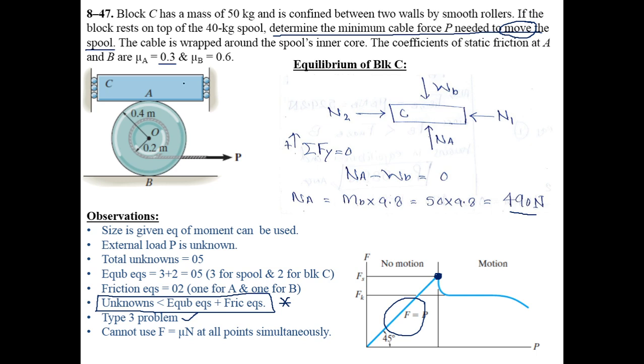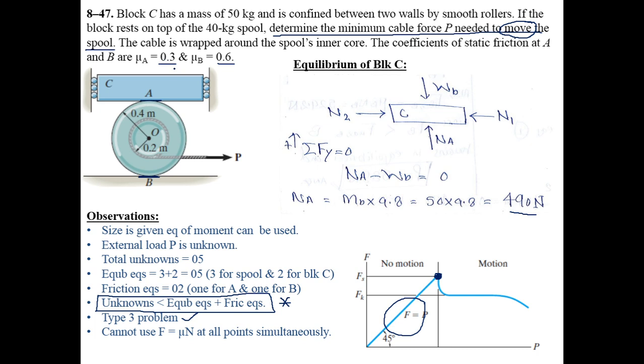So 0.3 times 490 is the friction force acting at this point. And at point B, the coefficient of static friction was 0.6, which is larger than at point A. So this means that there is more roughness at this contact than at that contact.